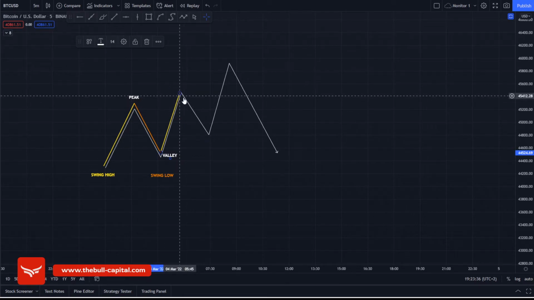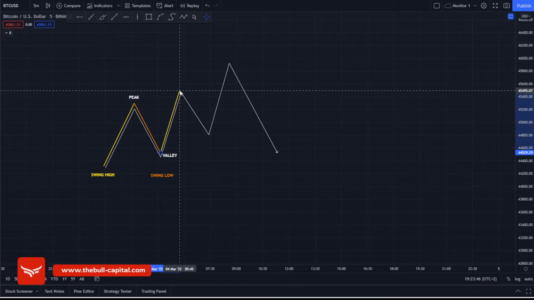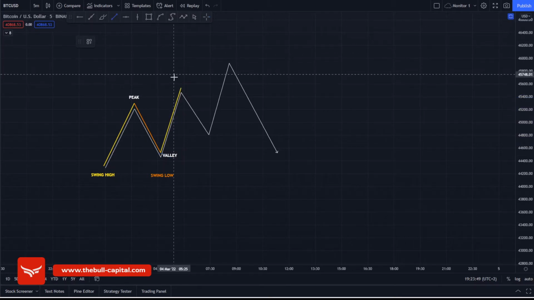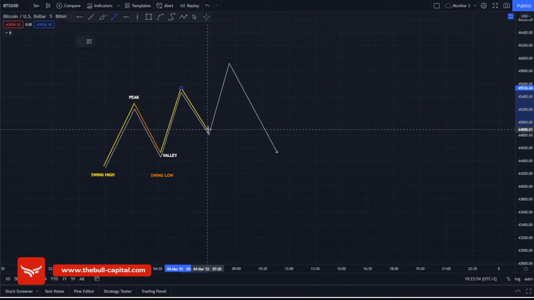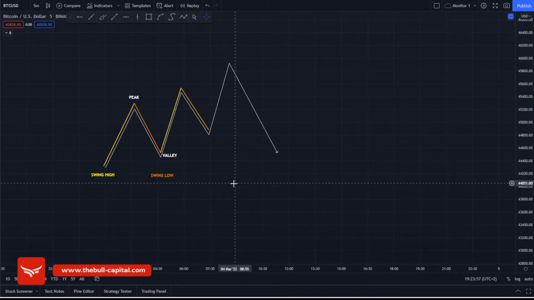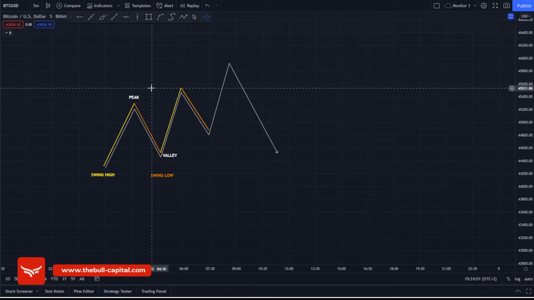Now again the price is gonna go higher until at some point it's gonna stop again, and at that point it's gonna create another swing low. And here it formed another peak.